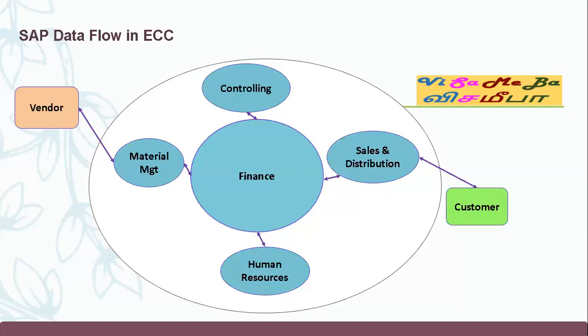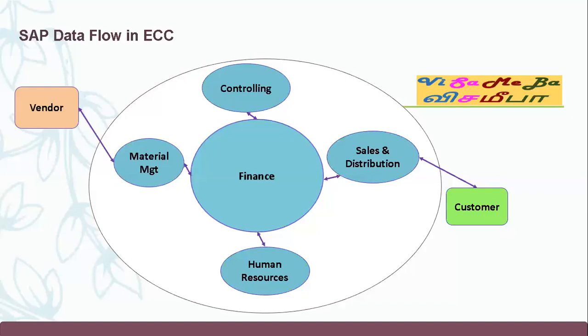And now the finance team, having completed the payment process, goes on with the other financial activities. The material management team passes on the raw materials to the planning and production team. They produce the laptops and they send it to the sales and distribution team.